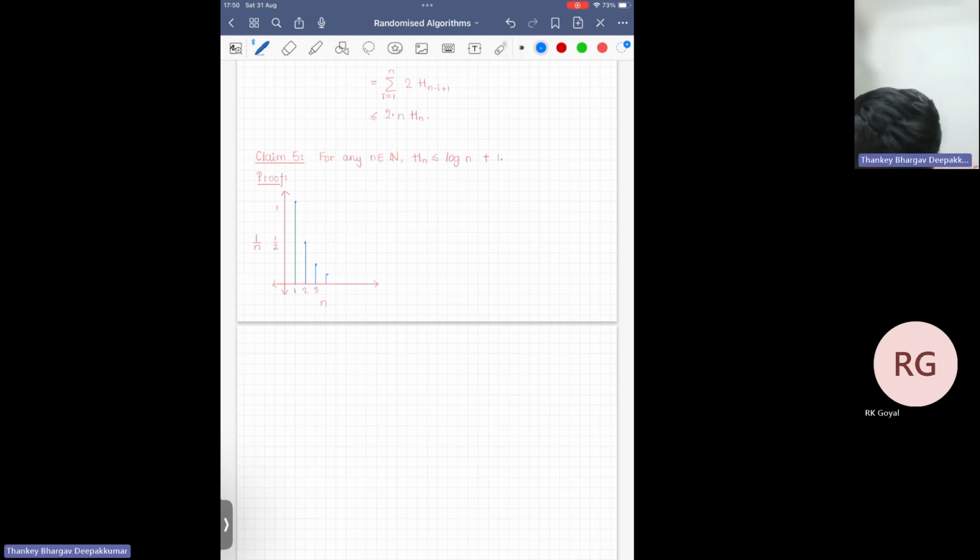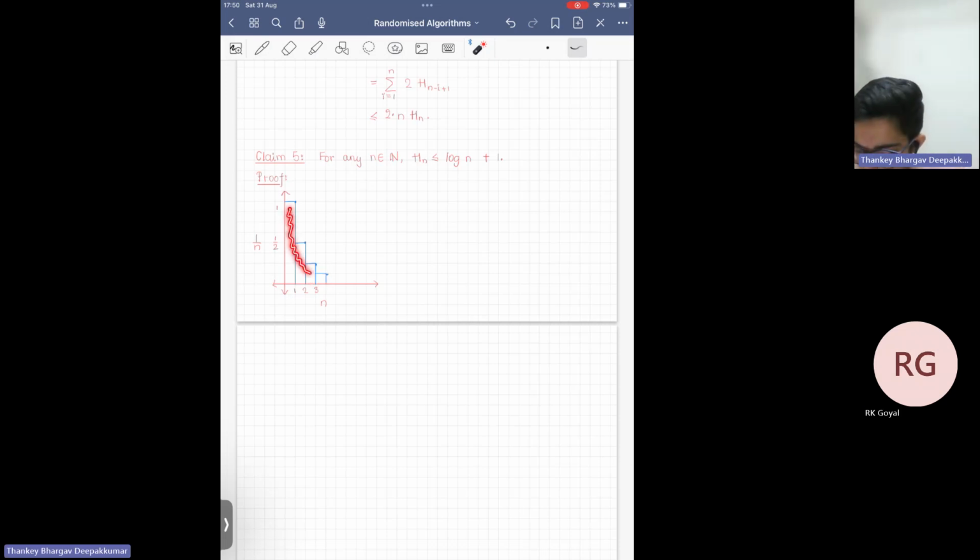Now, my claim is this sum is the same as this area. Why? Because this is 1 over n times 1, 1 over 2 times 1, 1 over 3 times 1, 1 over 4 times 1, and so on, right?